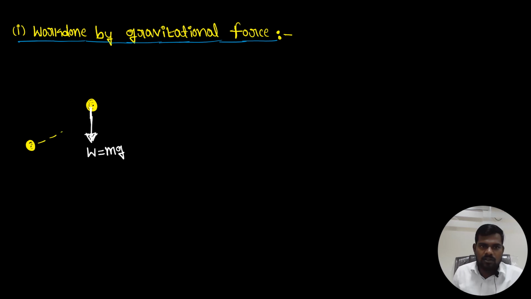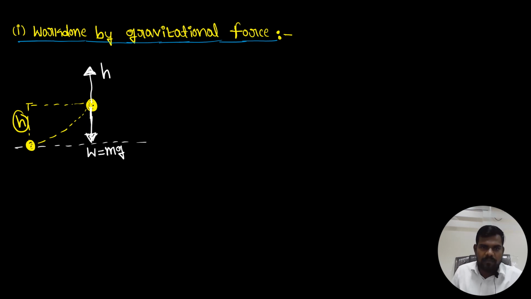So how much distance will it go upward? I took the horizontal line. From here to here the height is h. So the bob travels a distance h. Now we can see this is the horizontal line. If I take this as the initial position, the bob is going upward in this case, so the body is going up.